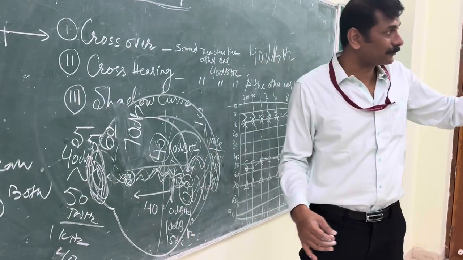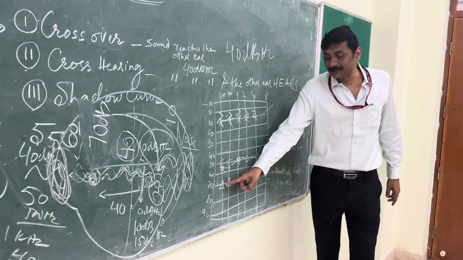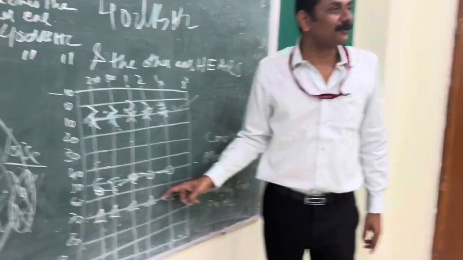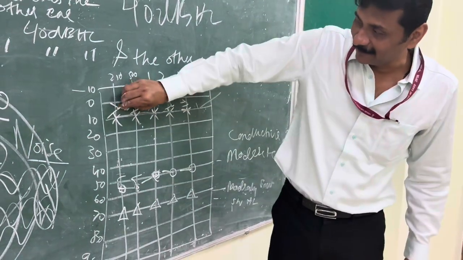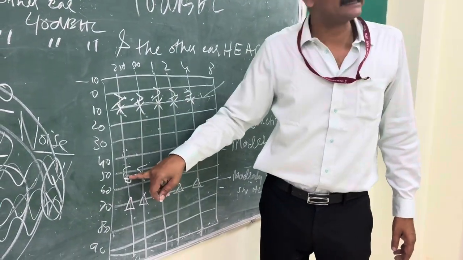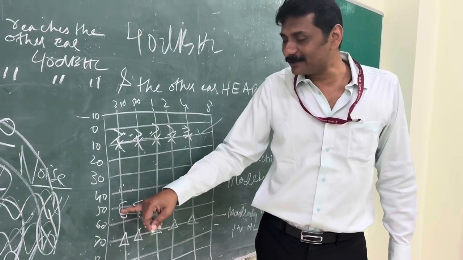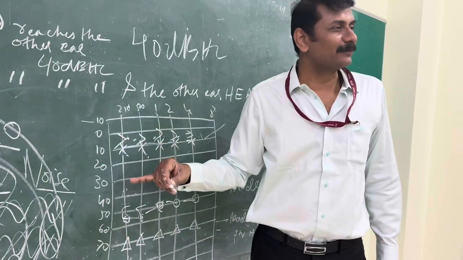So it will give a wrong impression. And because of this cross hearing, we will start having a shadow threshold. So here hearing is 10, but actually the person is responding at 50-55 decibels because there is cross hearing happening.